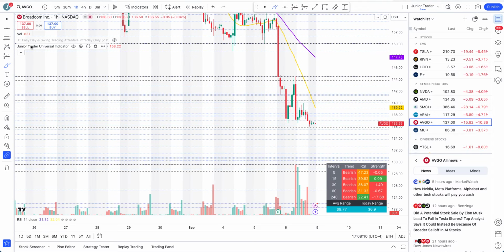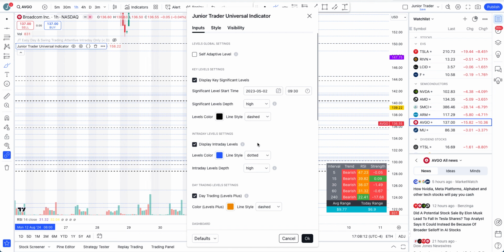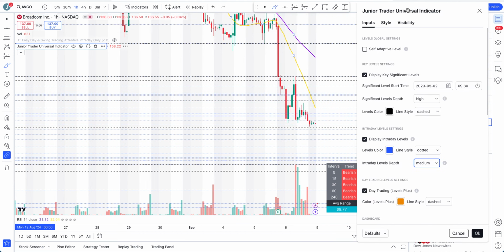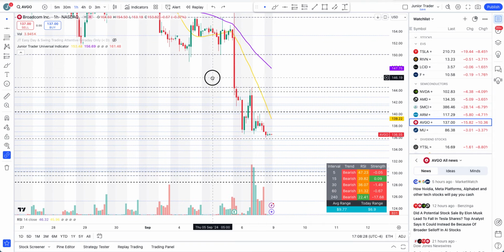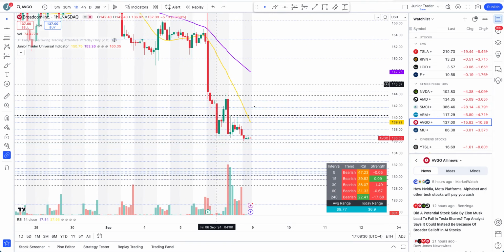And don't worry about these so many lines showing up. For a low volatile stock, you can change the settings here. Let's do medium. Let's see how things look. I might have to go low on Broadcom here actually. Yeah, I think low is fine on Broadcom here. So with Broadcom right now we're still in the downward structure.